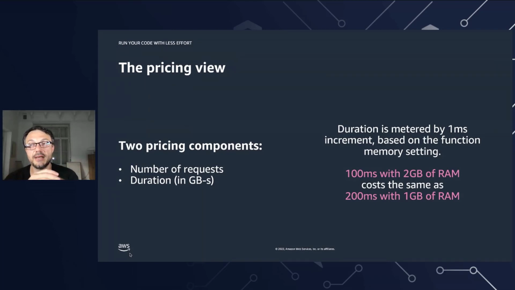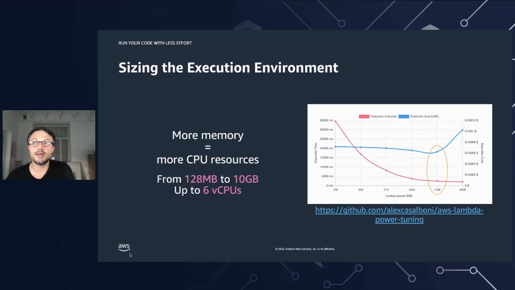But here comes another interesting thing: if you take the same function and this function runs for 100 milliseconds with 2 gigabytes of RAM, you will pay the same value as if this function runs for 200 milliseconds with 1 gigabyte of RAM. So finding this balance sometimes is challenging. And another thing you should remember is that the more memory you give, the more CPU power you will get.